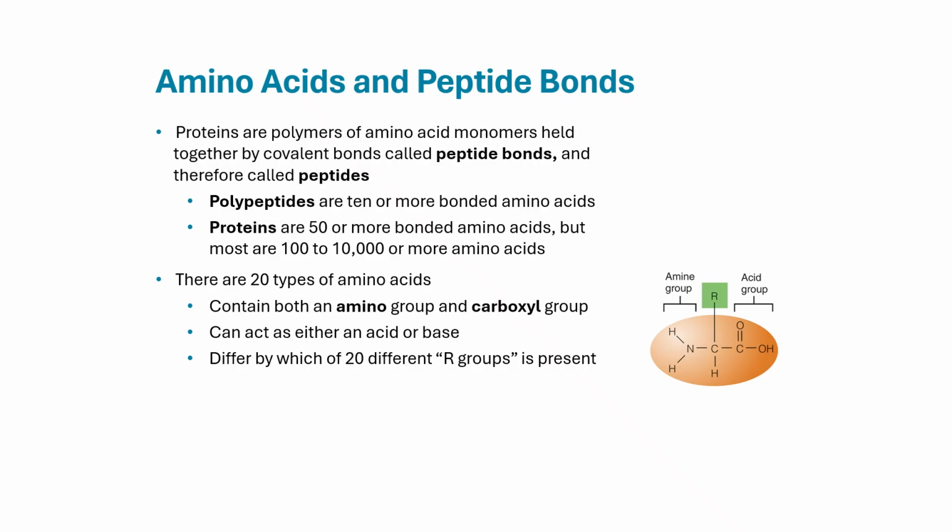They contain the amino group and the carboxyl group. They act as either an acid or a base. The only thing that's different is this R group. Each one of the 20 amino acids has a different structure where the R is. All the rest is the same around here.